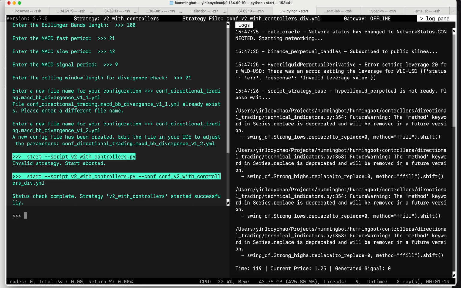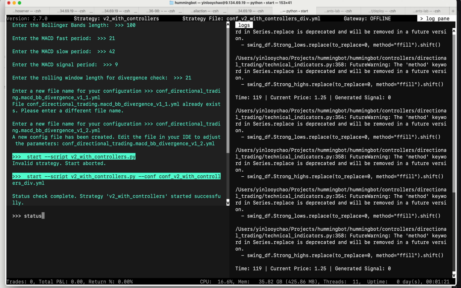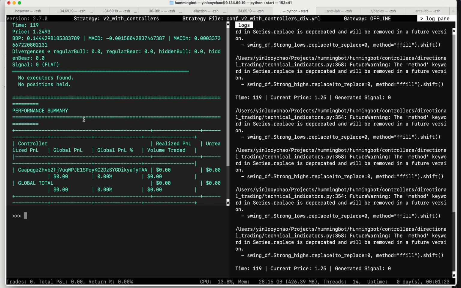And it runs it. So now it's signal 0. So we have to wait until the divergence occurs, and it prints out the MACD histogram and Bollinger Band as well. So that's it for my strategy.